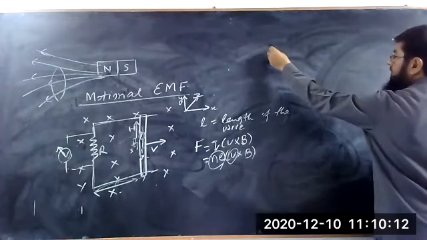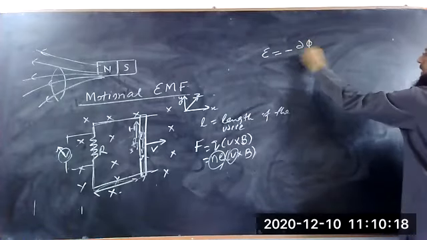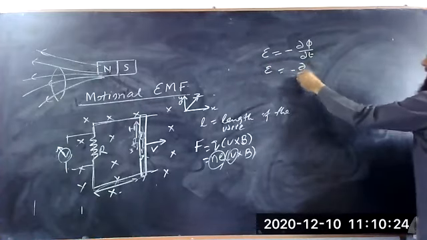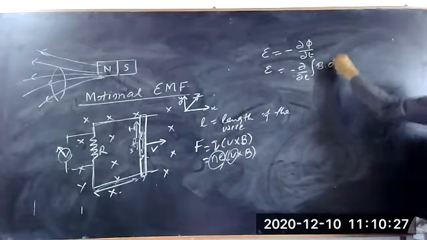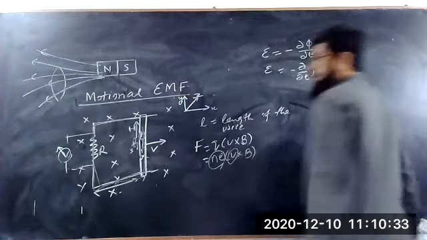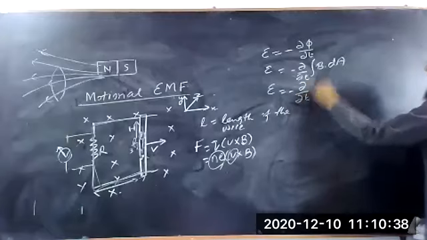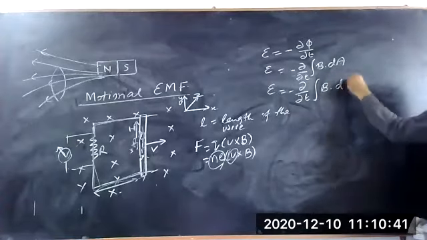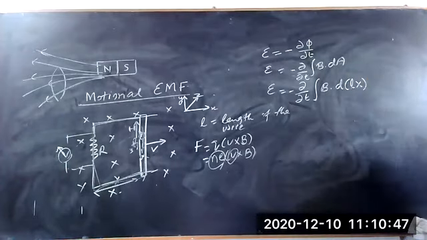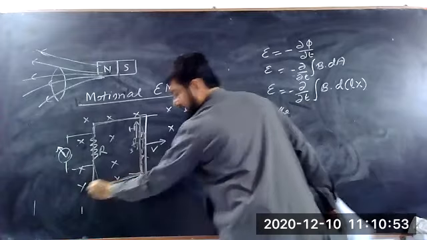So EMF is equal to minus d phi over dt, where phi is the integral of B dot dA, and dA is the area. So EMF is equal to minus d over dt of the integral of B dot dA, where the area is the length L times the distance x. This is the length of the wire, and this is the distance x.